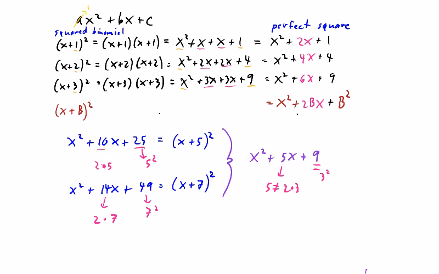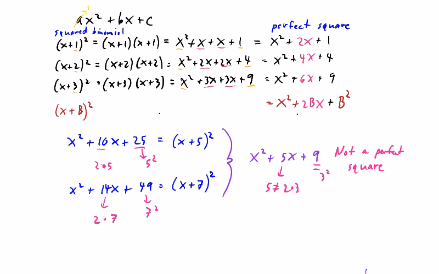Therefore, this is not a perfect square. So the key is, if you have a first term that is just an x squared or a variable squared, and a last term that is a perfect square when you write it in descending order, the middle term has to be twice the square root of the last term in order for it to be a perfect square.